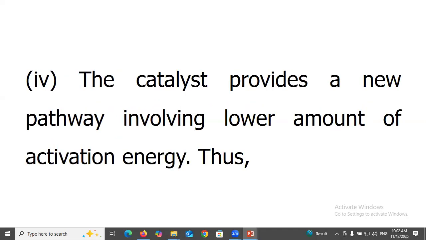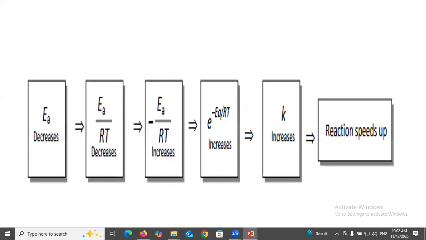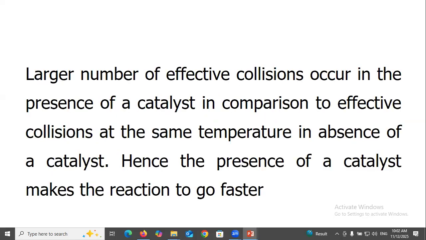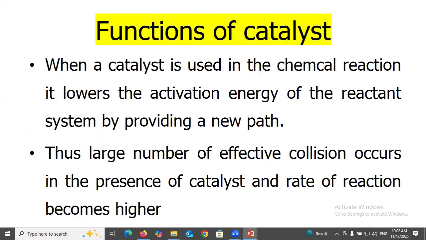The catalyst provides a new pathway involving a lower amount of activation energy. Thus, a larger number of effective collisions occur in the presence of catalyst in comparison to the absence of catalyst at the same temperature. Hence, the presence of catalyst makes the reaction go faster.